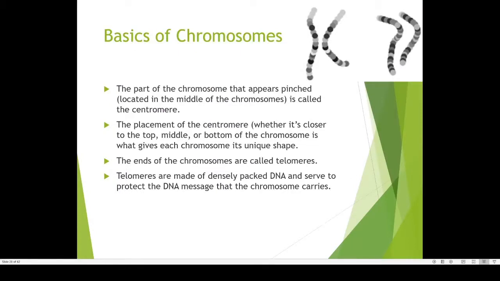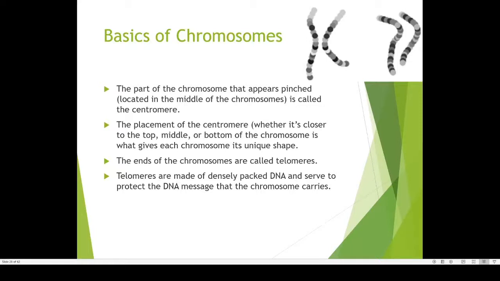So basics of chromosomes. The part of the chromosome that appears pinched, located in the middle of the chromosome, is called your centromere. So all of them have their centromeres. The placement of the centromere, whether it's closer to the top, middle, or bottom of the chromosome, is what gives each chromosome its unique shape. That's how they are able also to determine which chromosome is which.